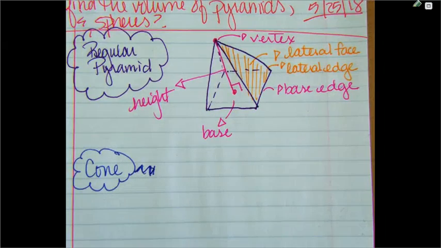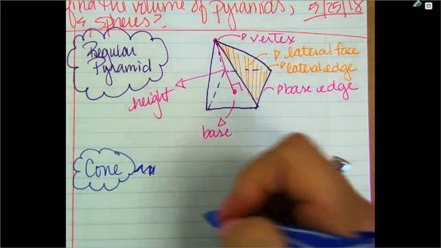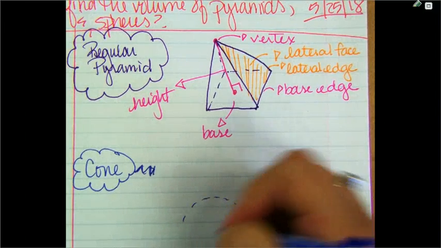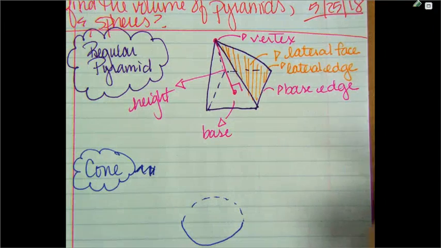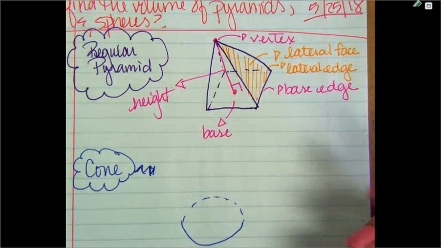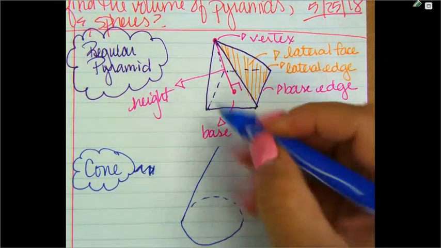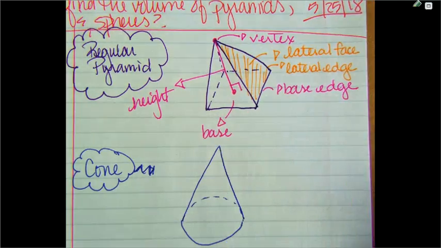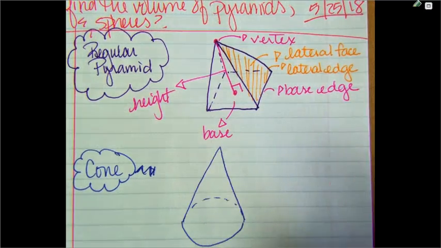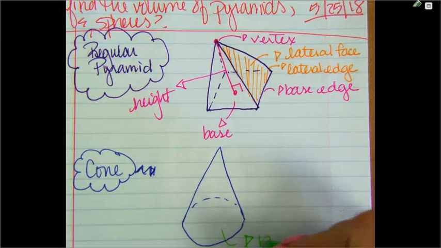Cone. Cone has what as the base? Circle. Your base is the circle.